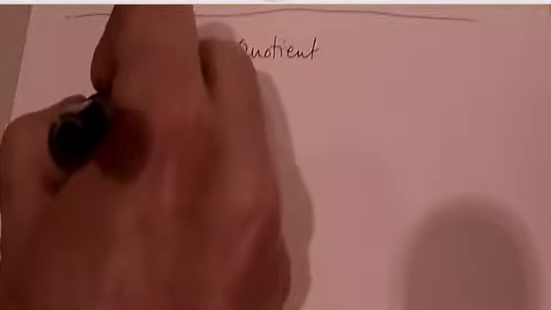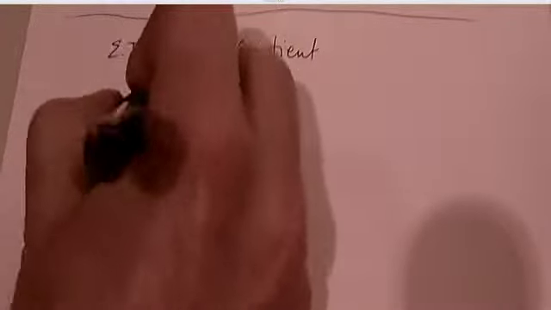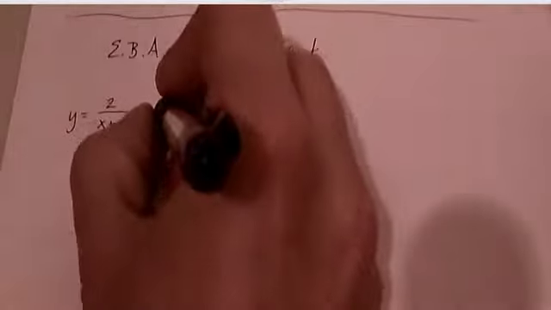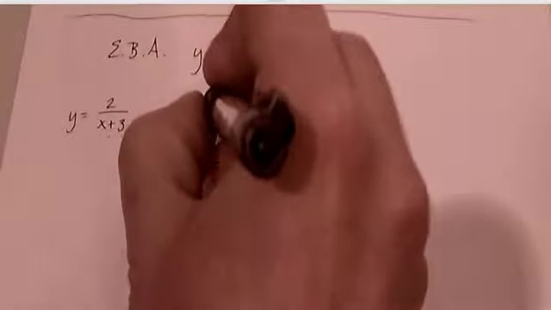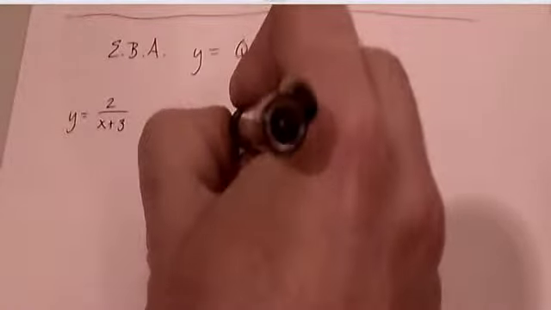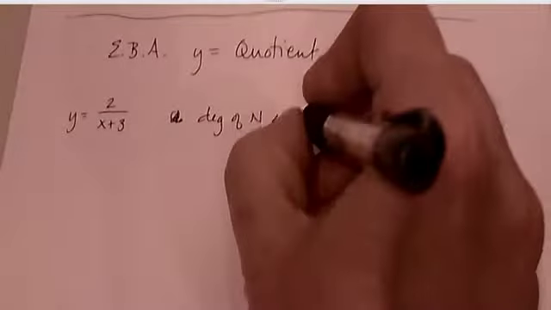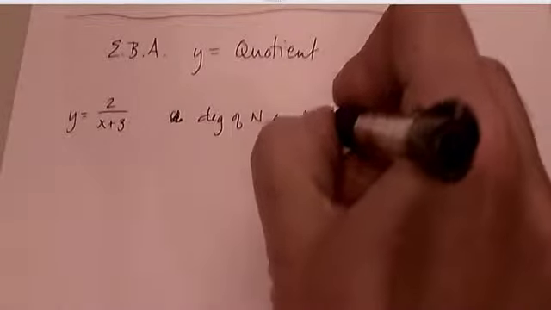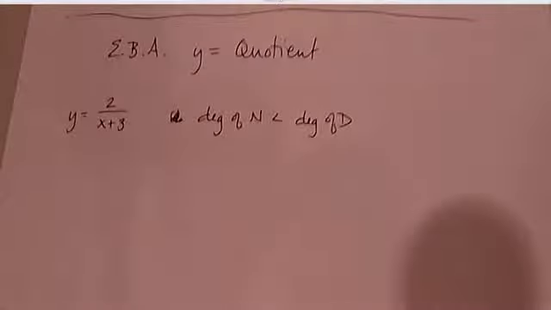And I distinguished three different types of rational functions, okay? Now, if I have something like y is equal to 2 over x plus 3, that is one where the degree of the numerator is less than the degree of the denominator, right?